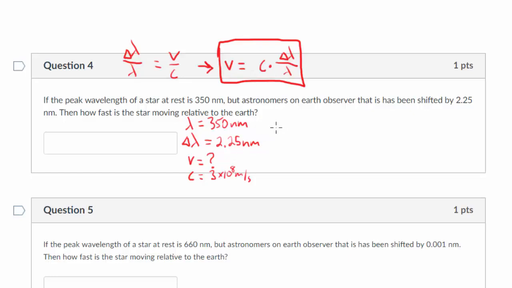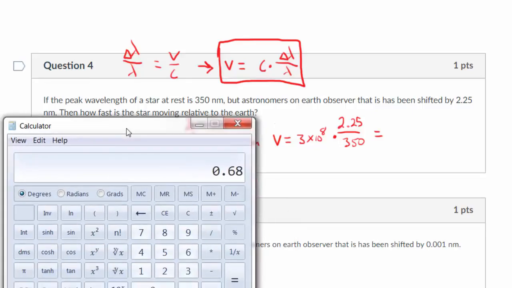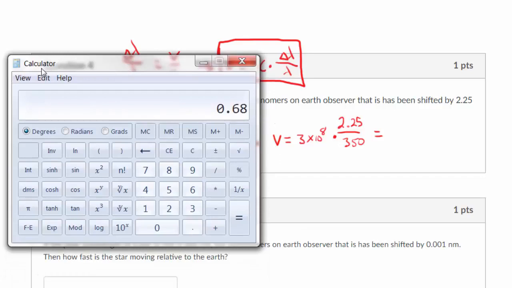So let's just plug in our values then. I'll rewrite the equation here. V equals the speed of light, 3 times 10 to the 8, times delta lambda, 2.25, divided by lambda, 350. Now, in order to produce this kind of change in wavelength, it takes a lot of velocity.